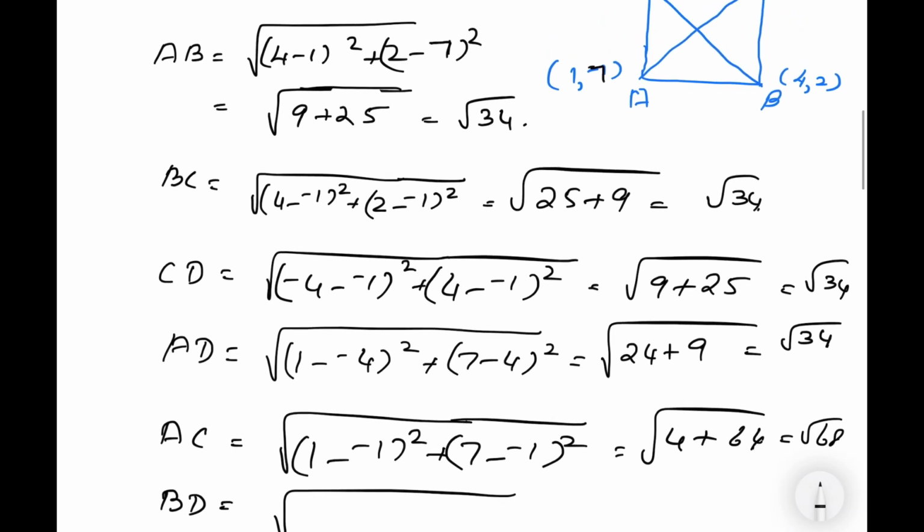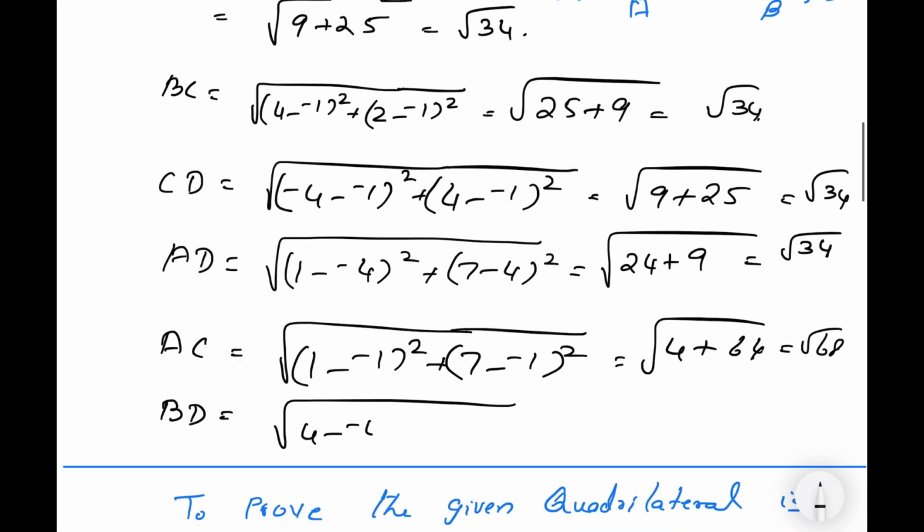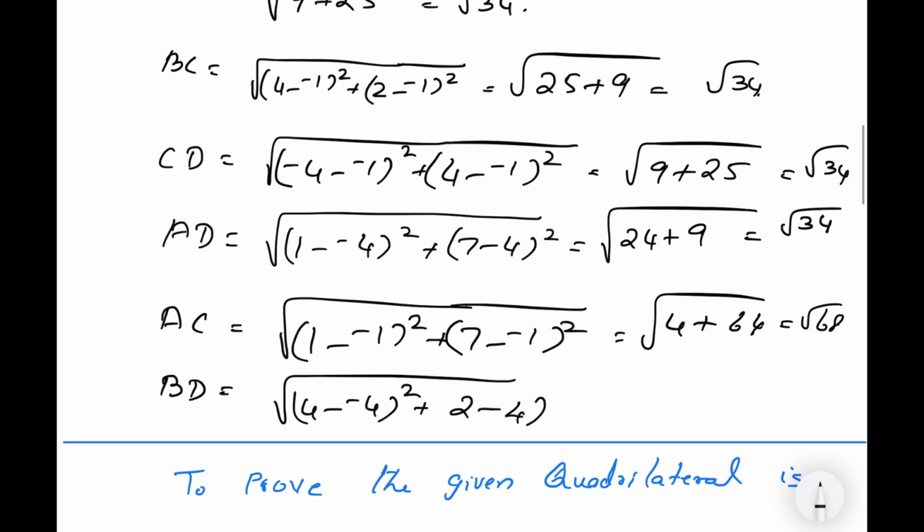Now BD will be (4 minus 4) the whole squared plus (2 minus 4) the whole squared.